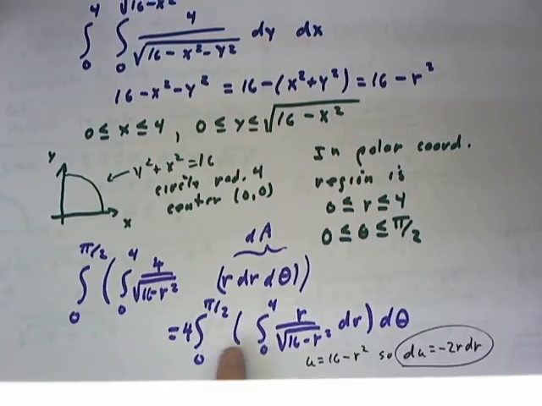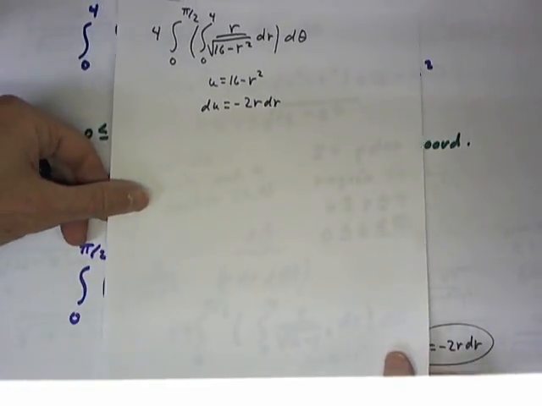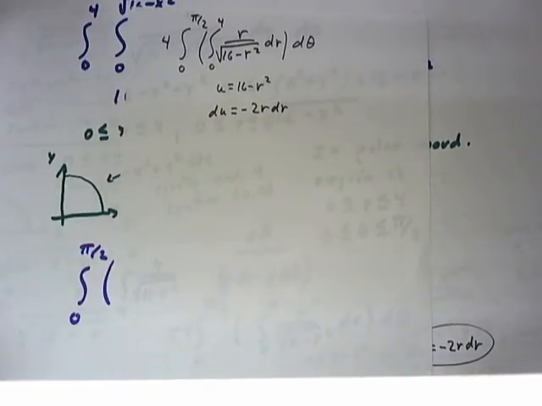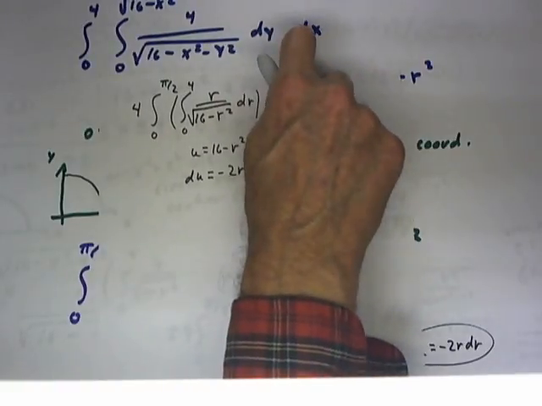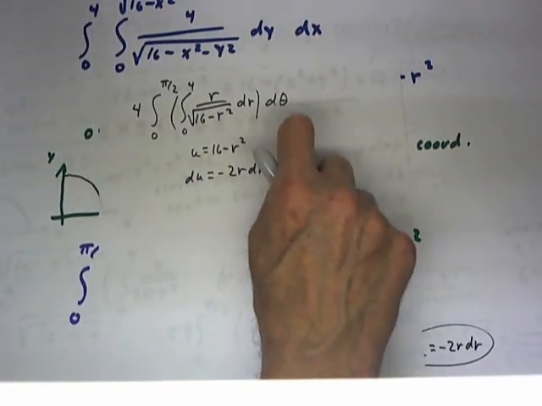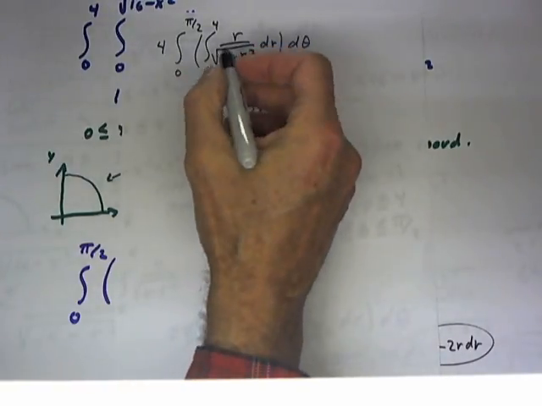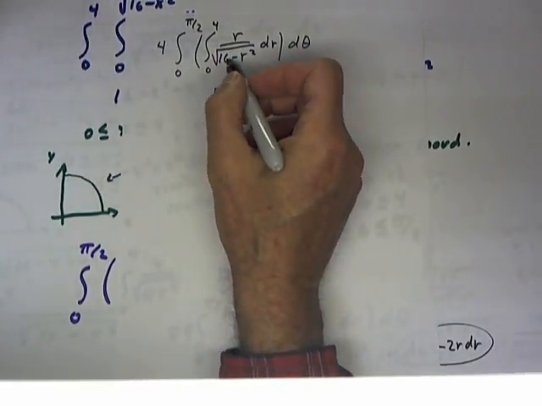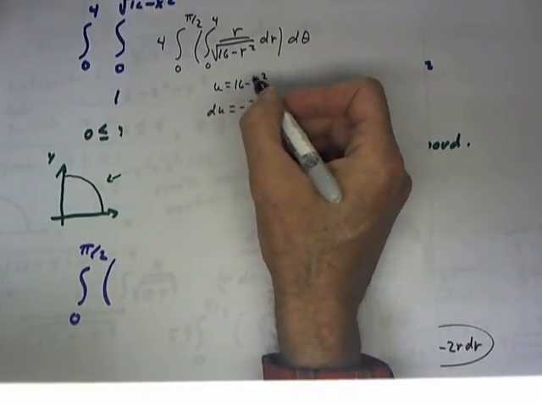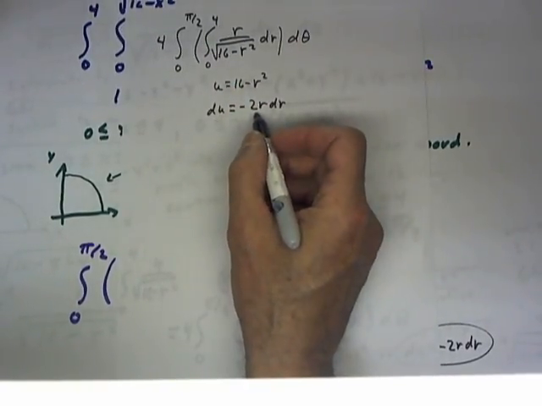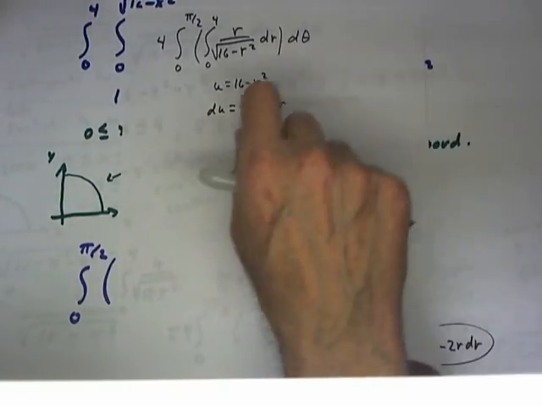Okay, I've taken a minute to write down this integral and this substitution on a separate sheet of paper. Our rectangular integral has become the polar coordinate integral, and we're into the process of doing the inner integration, the integration with respect to r. We let u equal 16 minus r squared, so that du equals negative 2r dr, and we're just into the mechanics of integration now.